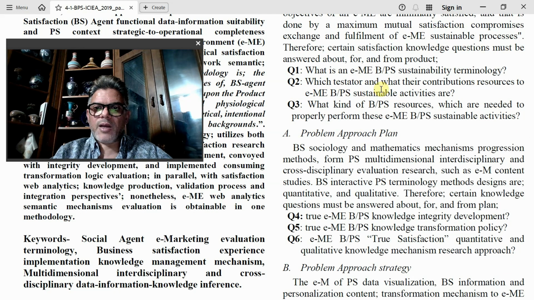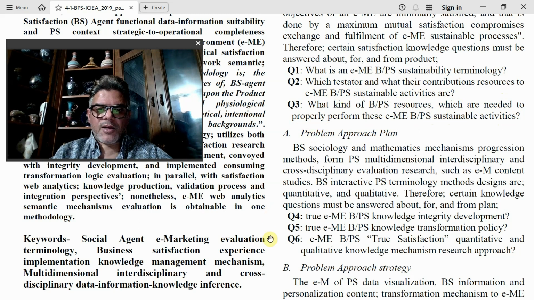Which testator and what their contribution resources to business/product satisfaction sustainability activities are? What kind of business/product satisfaction resources are needed to properly perform the e-marketing business/sustainability activities? So now we will need to answer these 3 questions.